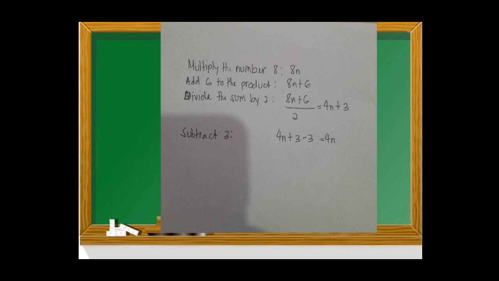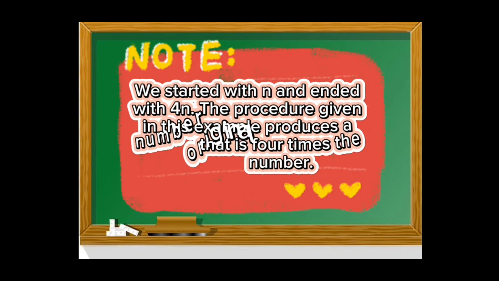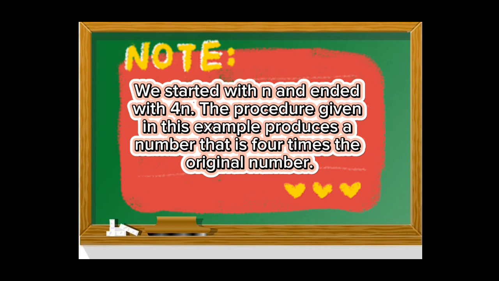Kaya naging 4n plus 3. Last is subtract 3. So 4n plus 3 minus 3 equals 4n. We started with n and ended with 4n, the procedure given in this example. It produced a number that is 4 times the original number.